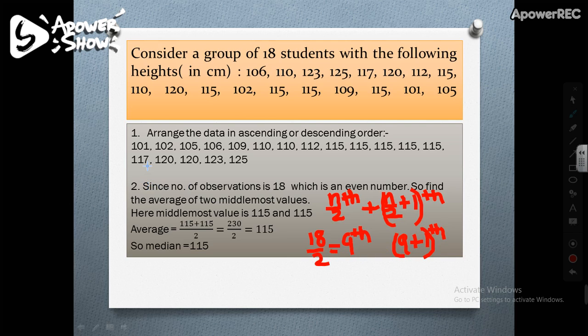So let's find our ninth observation from the leftmost corner: 1, 2, 3, 4, 5, 6, 7, 8, 9. So this is the ninth observation of this given set of observations, and this is the 10th observation. After finding the ninth and 10th observations, you have to find the average of these two values. So the average is 115. So the median of this given set of observations is 115.